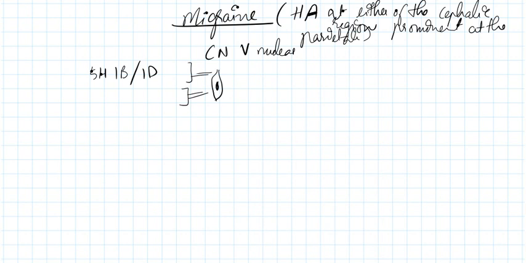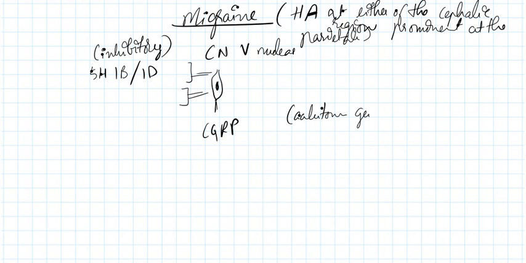They are actually inhibitory receptors. Remember, they are inhibitory receptors. Now, this ganglion, if activated, leads to the production of CGRP. What is CGRP? Calcitonin gene related peptide.